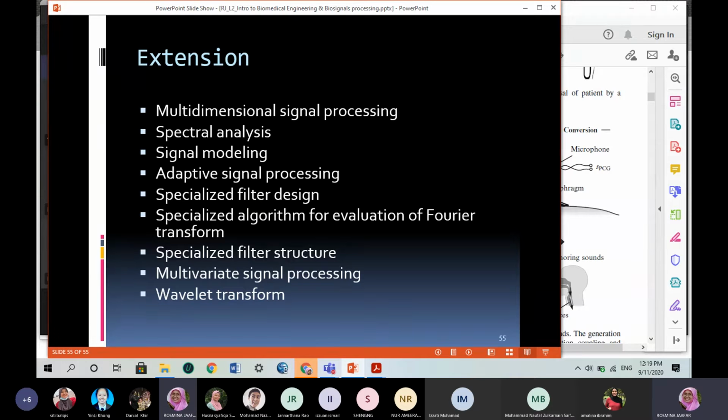Adaptive signal processing, specialized filter design, specialized algorithms for evaluation of Fourier transforms, specialized filter structure, multivariate signal processing, and wavelet transform. So those are very extended signal processing.